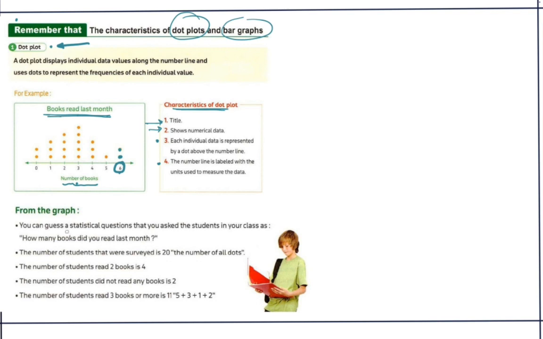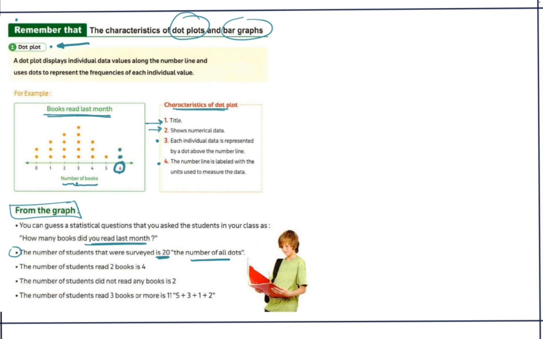From this graph, I can find out some data. How many books did you read last month? Now, the number of students that were surveyed is 20. That is the number of dots.